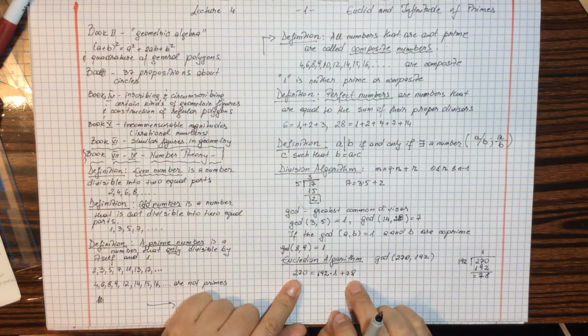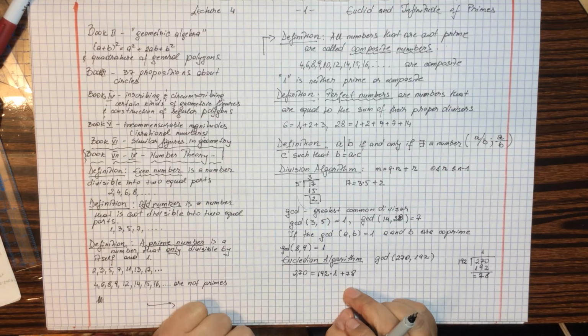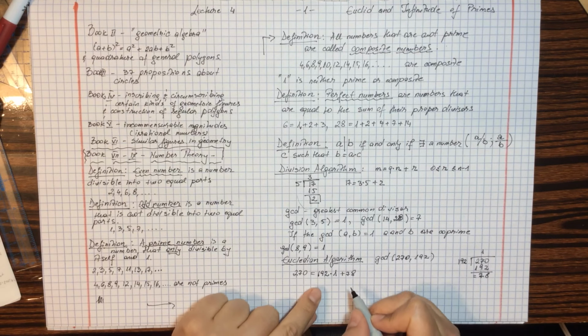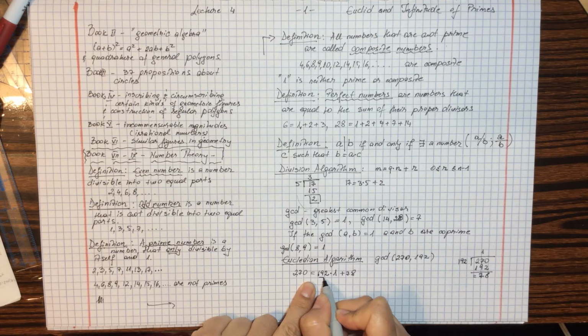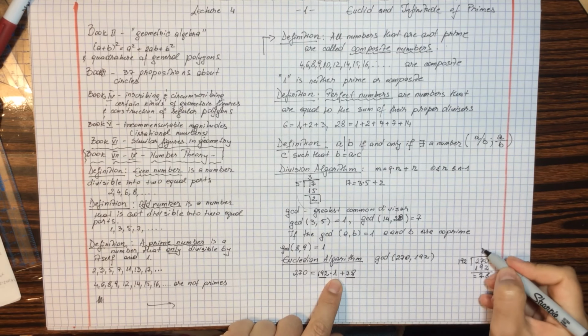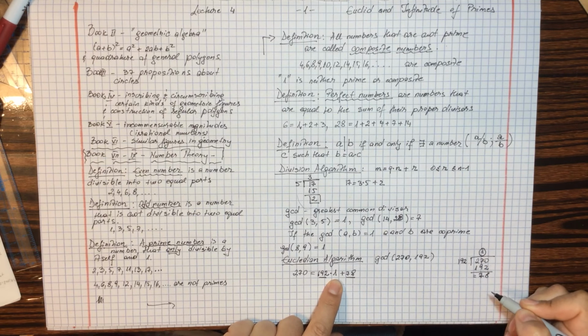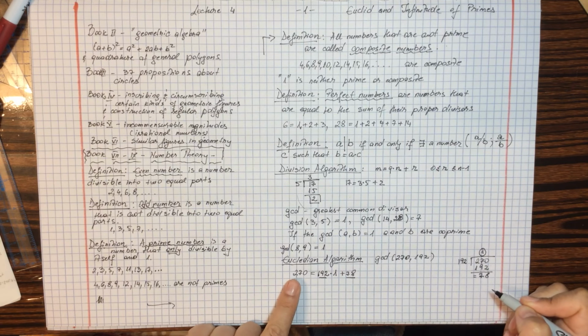Now, to proceed to the next step, be careful. What you want to do now is look at these two numbers, 192 and 78. Not this quotient. You're not going to look at this one. As far as this step is concerned, you are going to forget about that number.